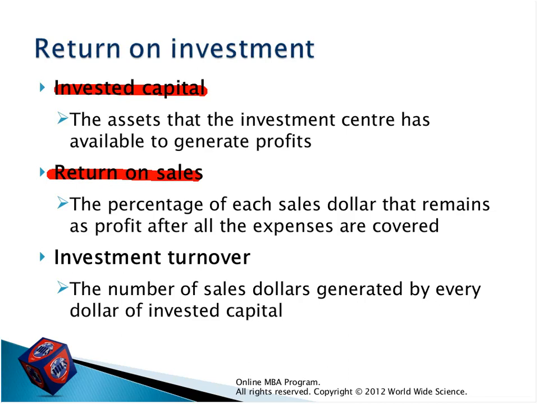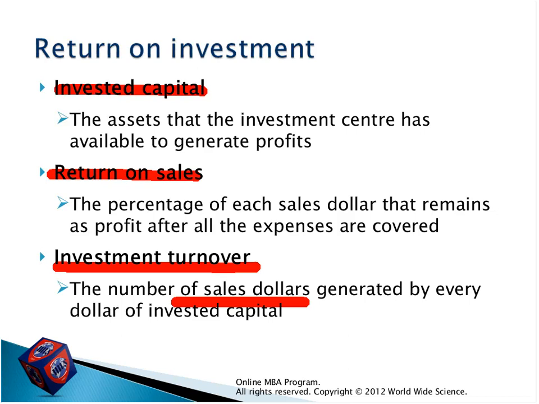What is investment turnover? It is the number of sales dollars generated by every dollar of invested capital. The formula says take your sales and divide by invested capital, then you'll get the investment turnover, right? Like sales divided by invested capital gives you the investment turnover.